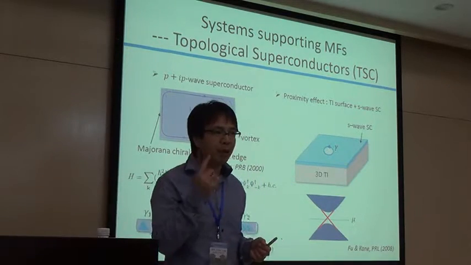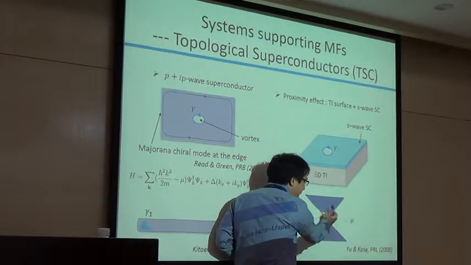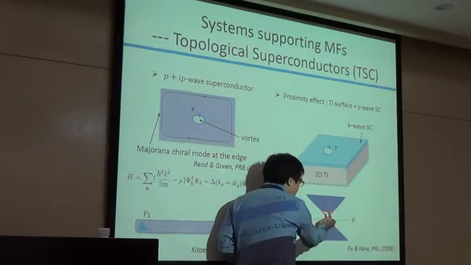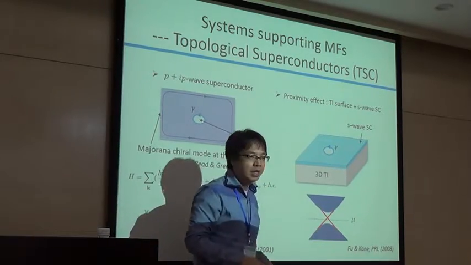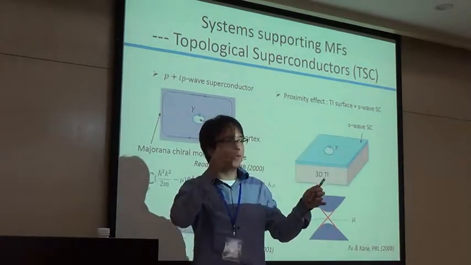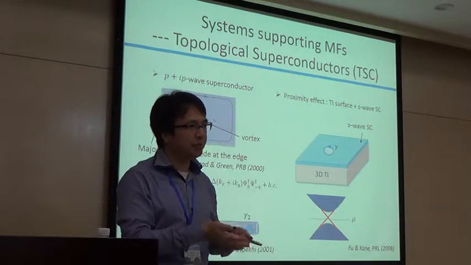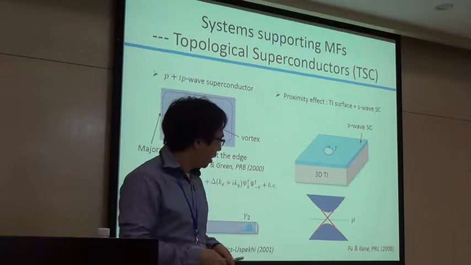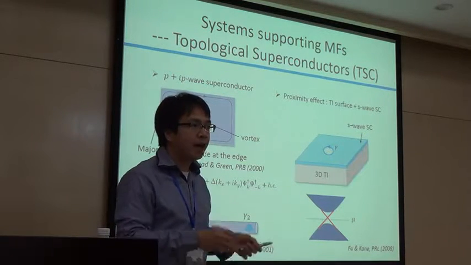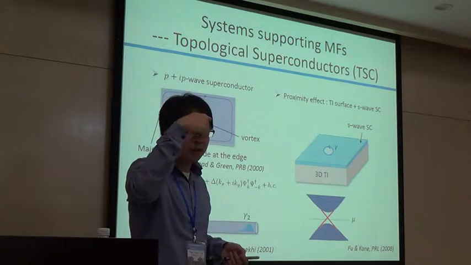Now, even though you have spin-up and spin-down, for a fixed momentum, you don't have spin-up and down. It's just, this is up, and here is down. It's non-degenerate. It's different from an ordinary time reversal invariant material, where usually you have the spin up and down together.